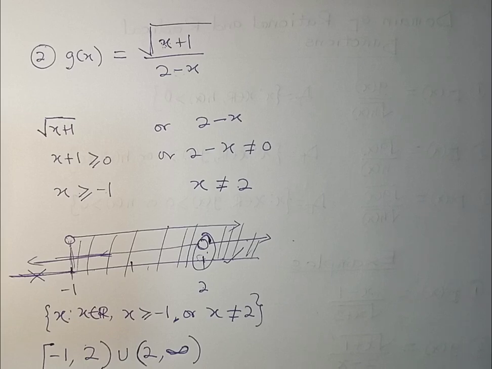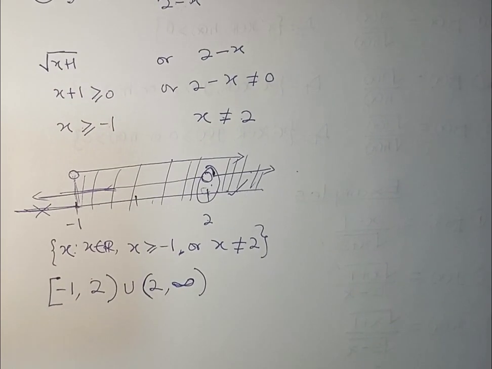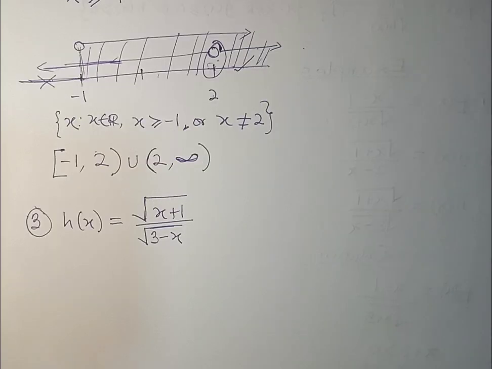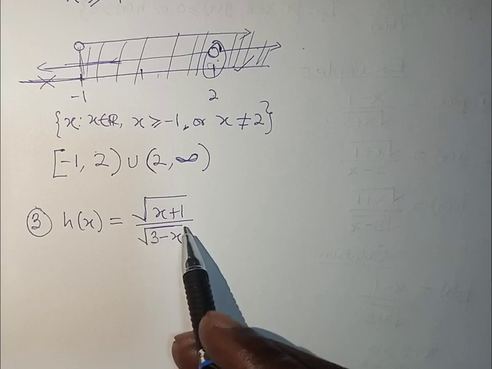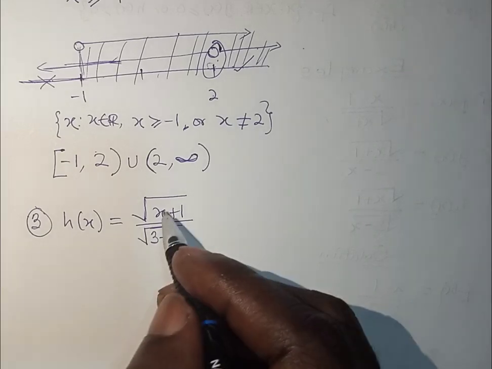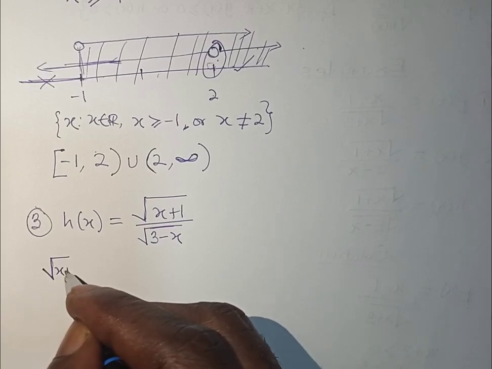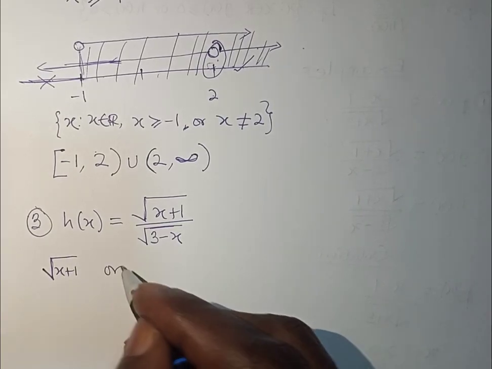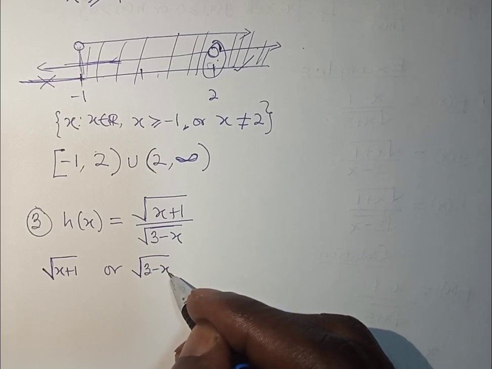Now let's look at the last part, or the third example. Now in the third example, you solve it separately. So you are going to deal with the numerator, which is x plus 1, and the denominator, which is 3 minus x.